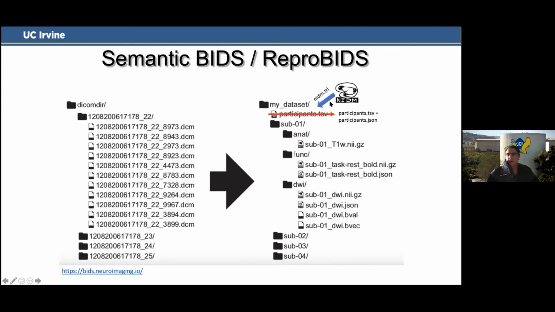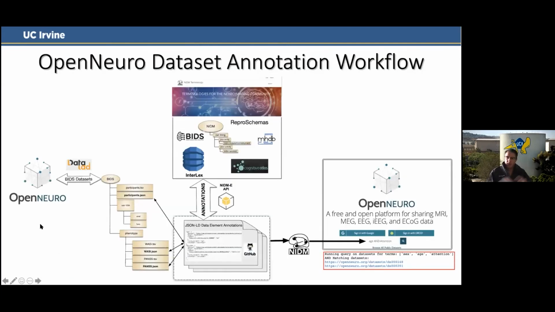Then you can use the query routines provided by the linked data community and really start to query across data sets. So we did this with OpenNeuro. We pulled the data sets from the OpenNeuro database using DataLad. If you haven't heard of that, it's really Git and Git Annex for data sets.